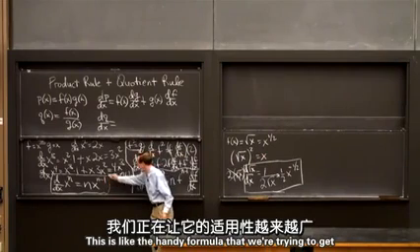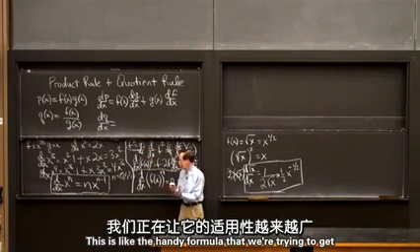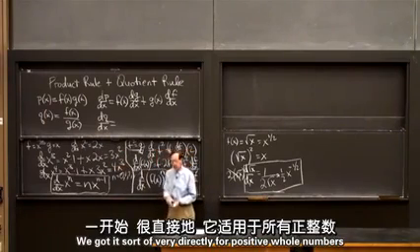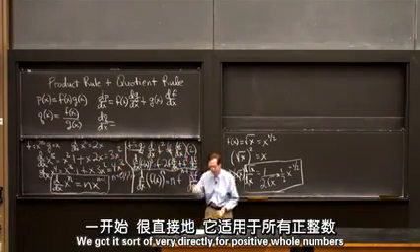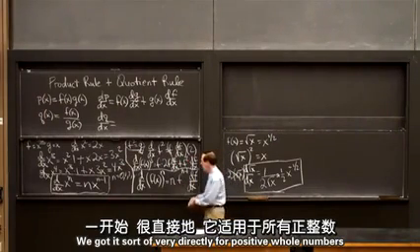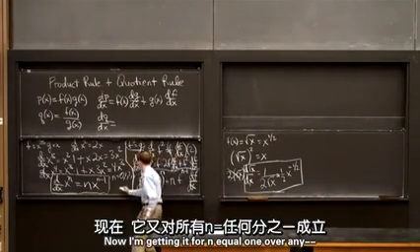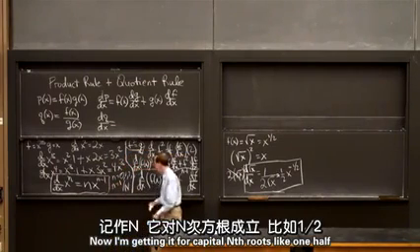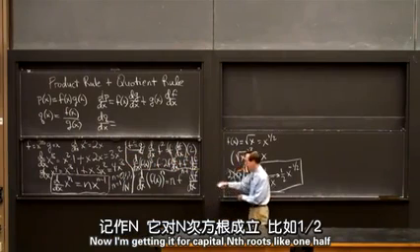This is like the handy formula that we're trying to get. We got it sort of very directly for positive whole numbers. Now I'm getting it for n equal 1 over any, now I'm getting it for capital Nth roots, like 1/2.